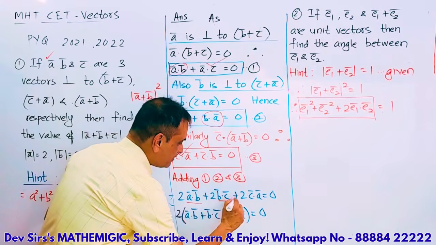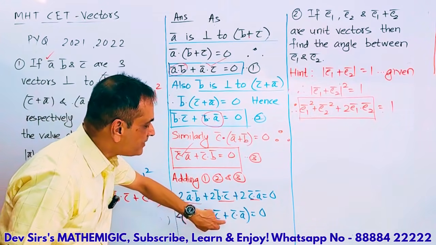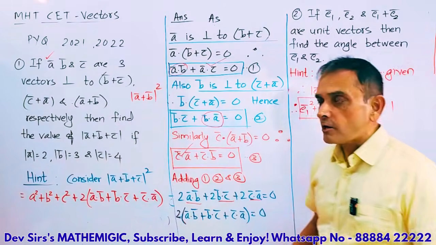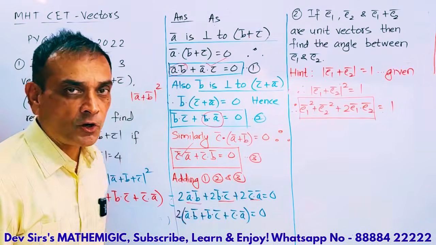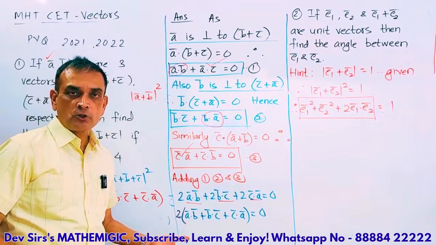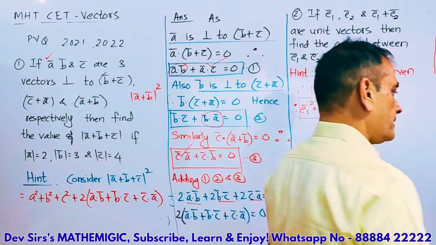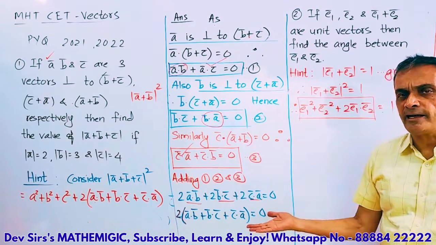This remains, this remains, this remains: a dot b plus b dot c plus c dot a equal to 0. I got this according to our given condition, according to our problem. It is not a general formula. The formula is created according to our condition. Okay? Right. Now let us straight away go to the hint and substitute in that.